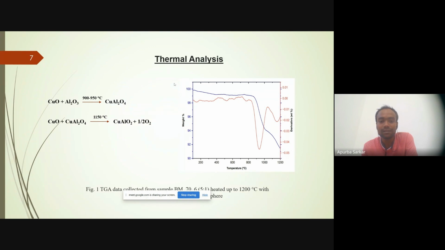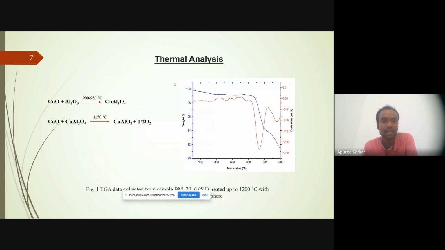This is the thermal analysis, and this is the TGA data collected from our synthesized sample, heated up to 1200 degrees centigrade with a heating rate of 20 degrees centigrade per minute in nitrogen atmosphere. This is the curve of weight loss and derivative weight loss percentage versus temperature.